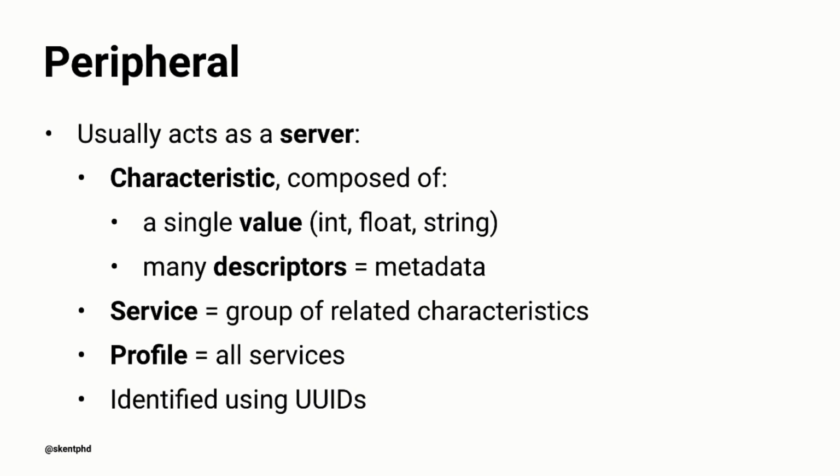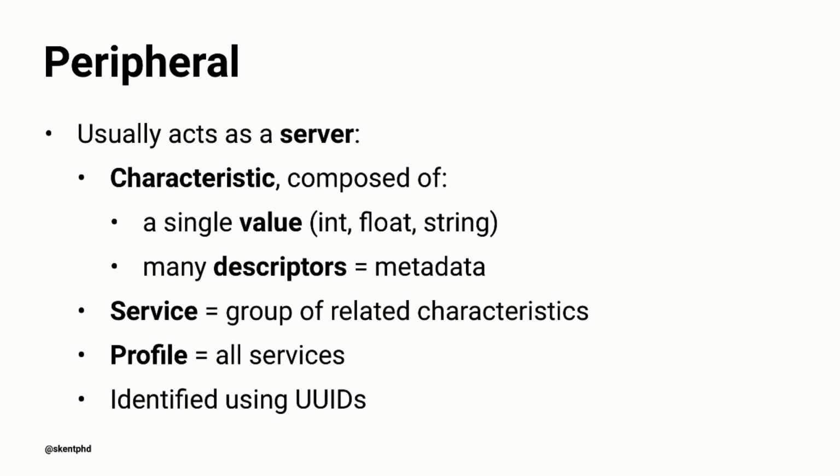So peripherals usually act like a server, and when I say this, what I want you to think of is the analogy with a web server that you would typically think about. In this analogy, a characteristic is kind of like your endpoint. A characteristic represents a single value, a single piece of data, and then a bunch of descriptors that describe to other devices what you are allowed to do with that data and what that data represents.